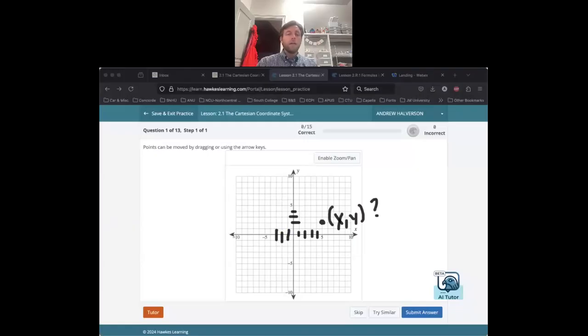The center, where the two axes meet, corresponds to 0 along the x and 0 along the y. This is the origin, 0, 0.